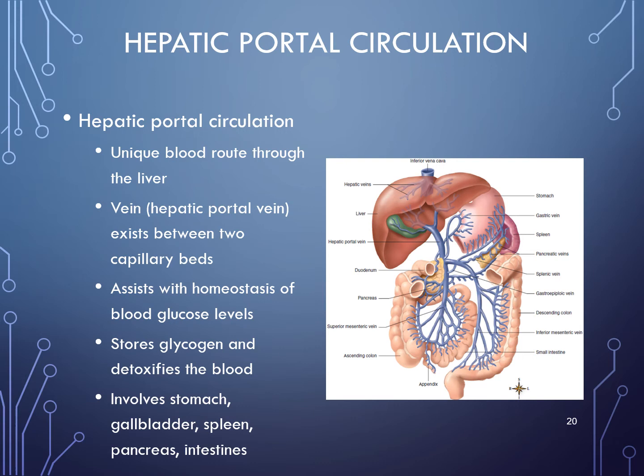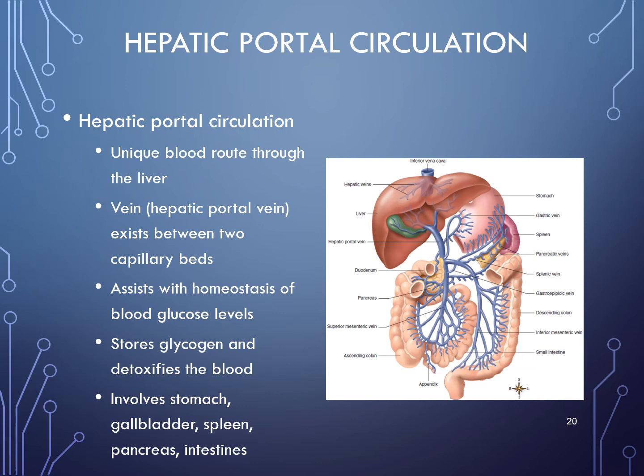So blood from the spleen, stomach, pancreas, gallbladder, and intestines, which is basically carrying whatever we have ingested, is not going to go directly into the inferior vena cava. Instead, it is going to take a detour through the liver via the hepatic portal vein.